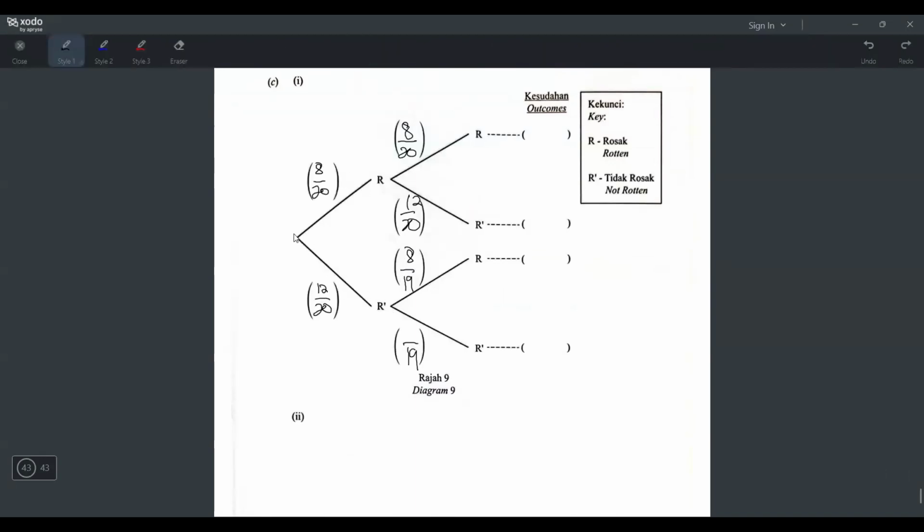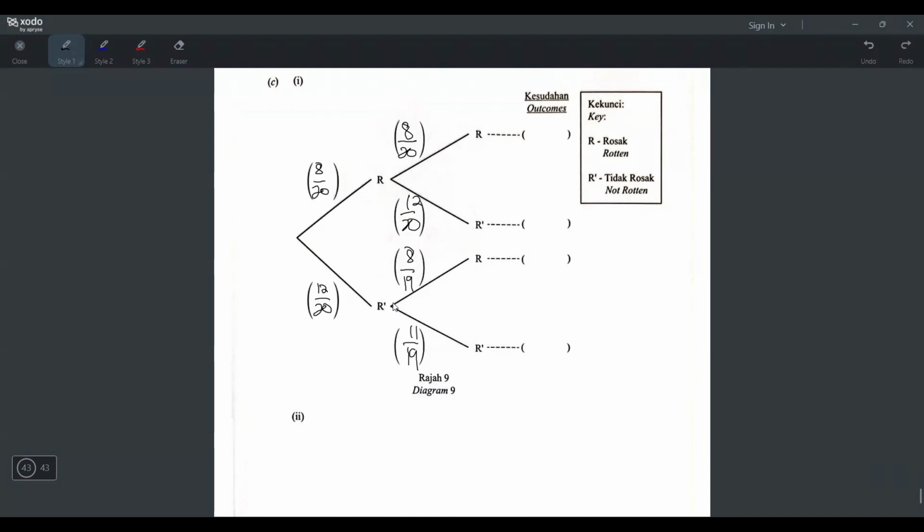Now what if the first one I get is not rotten? What is the probability of getting the second one not rotten? Of course, the total has to minus 1 because I never return it. So the 20 becomes 19, and the 12 becomes 11. Have to minus 1 also. Why have to minus 1?